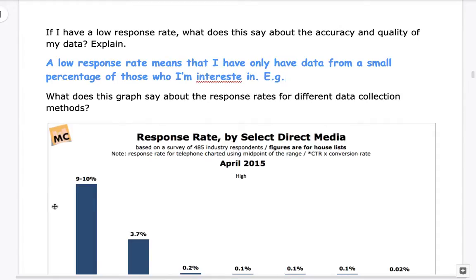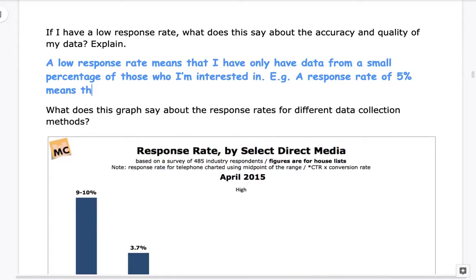So e.g., a response rate of 5% means that there is 95% of people I'm interested in whom I know nothing about.